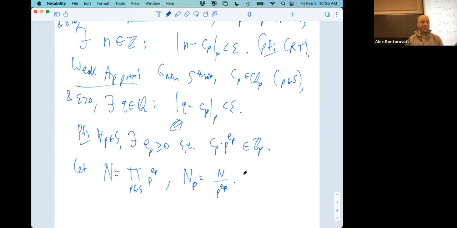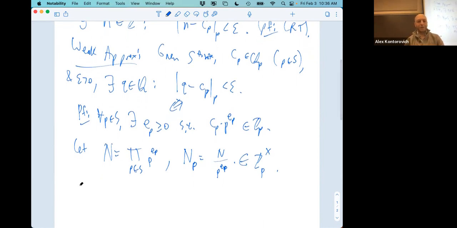This is an integer, but as an element of Z_p it is in Z_p cross, since it has only things co-prime to p in it, so it's invertible.